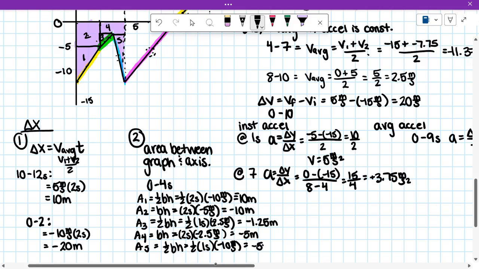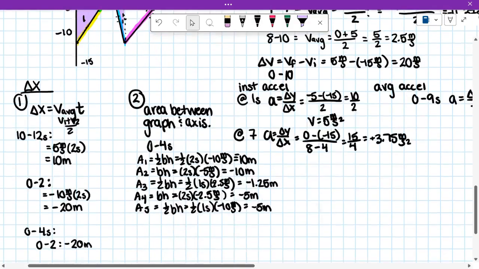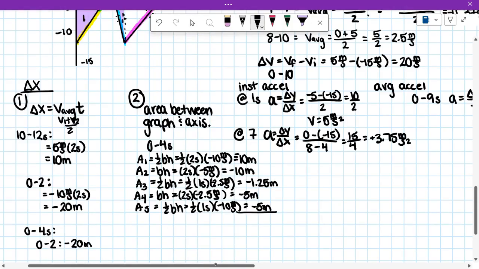So that gives me an additional -5 meters. Let's see. Yes, -5. Okay, so when I add all of these up, 10, 20, 30, 1.25.